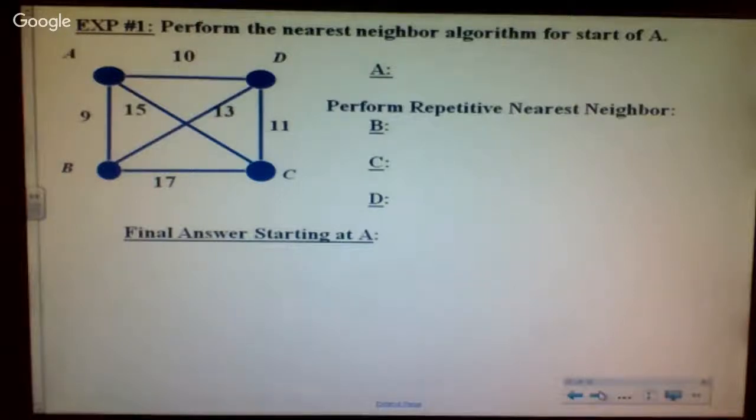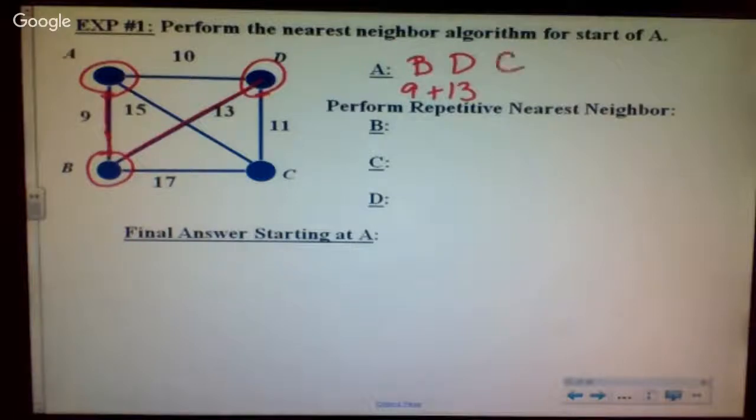Okay. So that jumps us into this example. If I started at vertex A, who is my nearest neighbor? B. Okay, so A to B, and that had a weight of 9. I'm now at B. Who's my nearest neighbor? D. And that has a weight of 13.